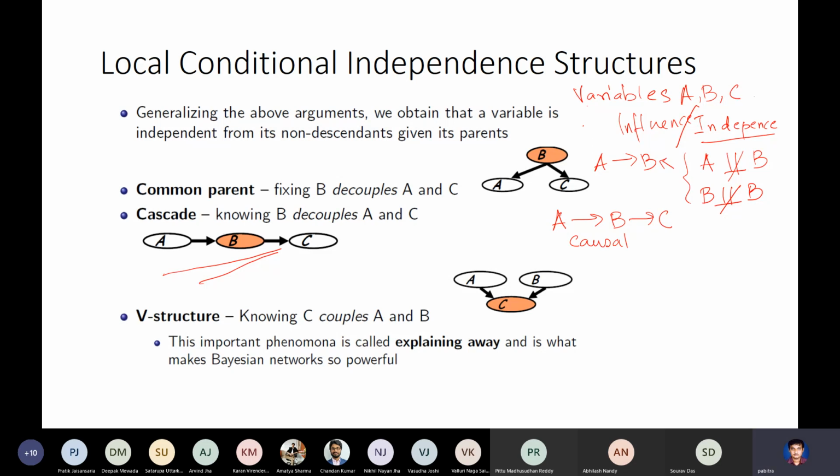We'll see that if you have observed B, you remember the plate diagrams, I have shaded this, so this B is observed.